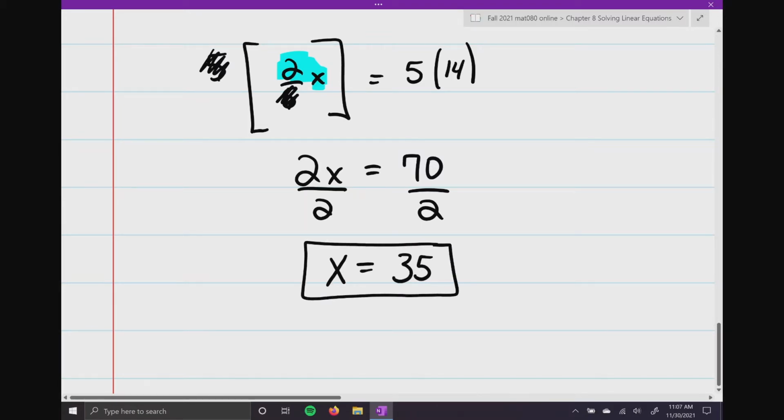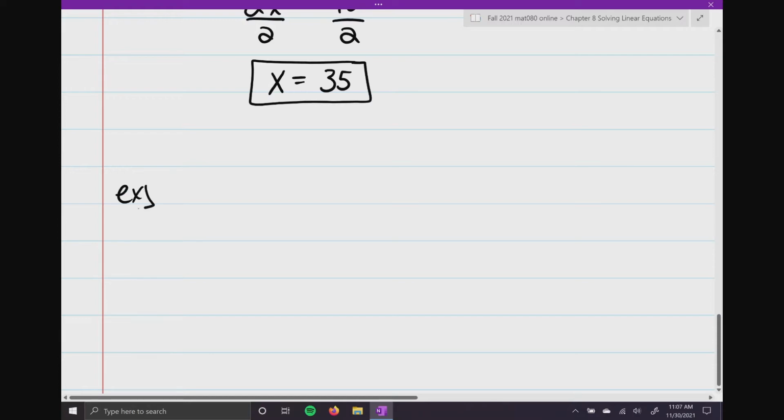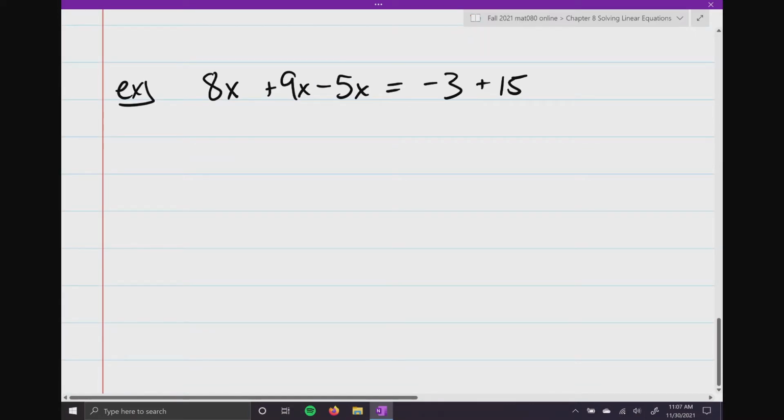Okay? Now, the only way that I can make these problems more difficult is by making you do more things. So let's look at some more complicated problems here. And you're going to see just how all this really starts to come into play. So we have 8x plus 9x minus 5x equals -3 plus 15. Okay? So step 1, I don't see any fractions, so I don't have to worry about multiplying by an LCD.